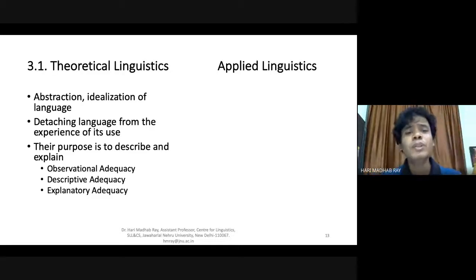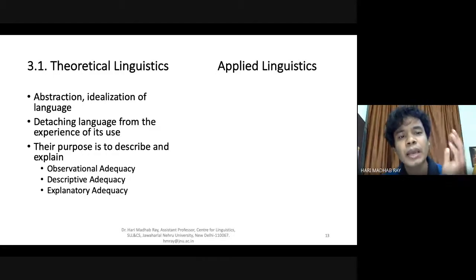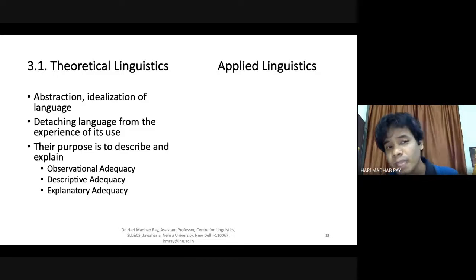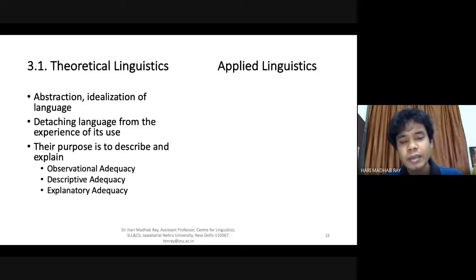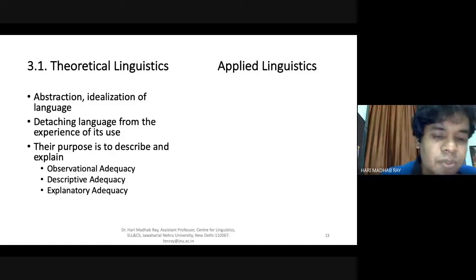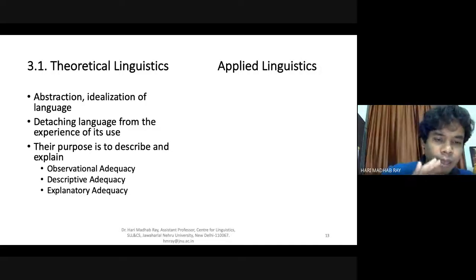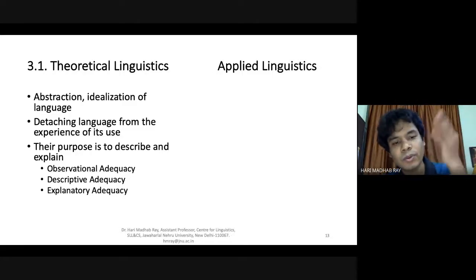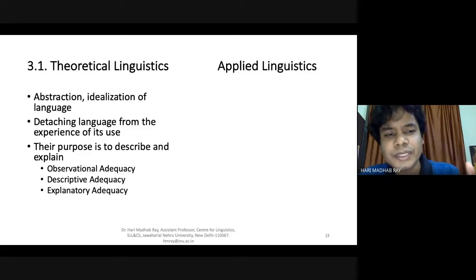Somewhere the whole theoretical linguistics, the formalist traditions, as I already told you, abstraction, idealization of language, detaching language from the experience of its use, and even if it is not generative linguistics, mainly they are concerned with observation and description, and then in explanatory adequacy, it is mainly explanation, and one step further is how particularly children acquire language, and how language is there in our mind or brain.